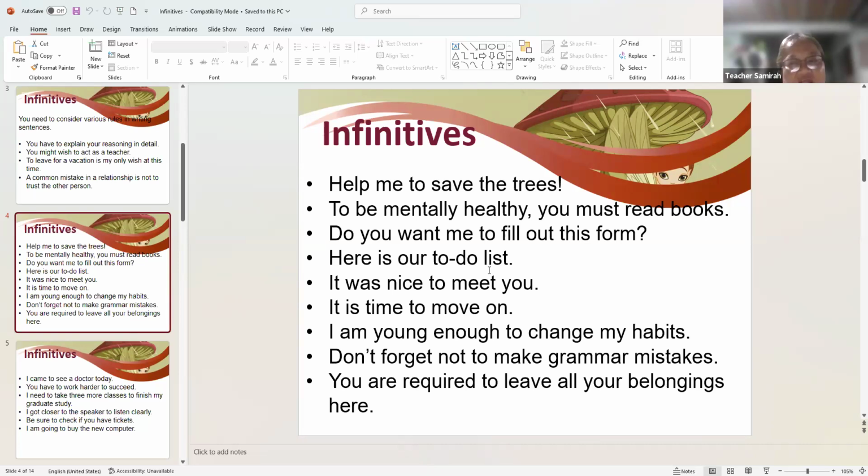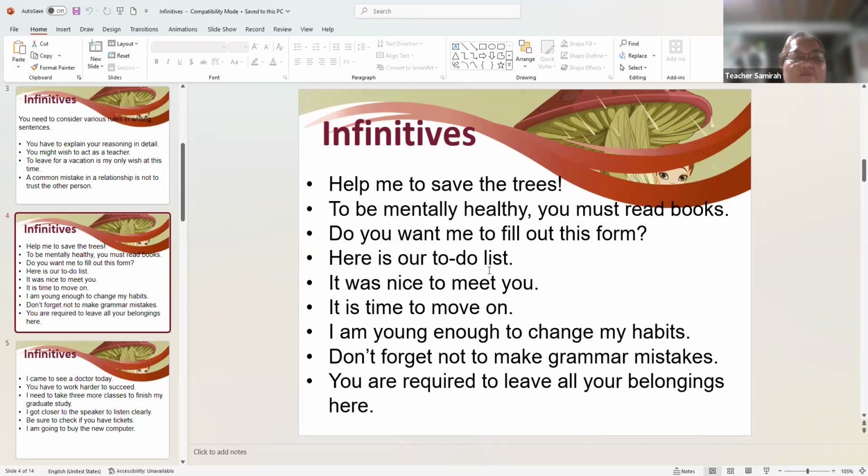So you need to at least be able to use different English words in a sentence. How can you do that if you do not know what those words or parts of speech are that we are going to use in a writing or in an essay, right? And then these are the examples of infinitives.